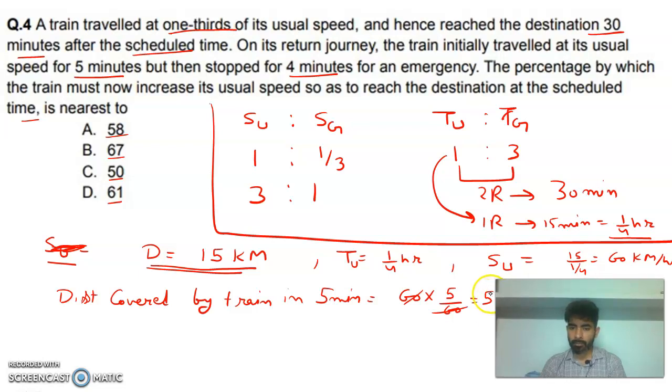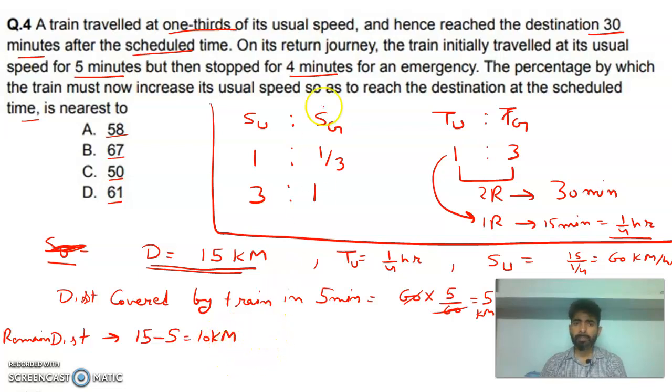It is 5 kilometer. So the remaining distance left for me is 15 minus 5, that is equal to 10 kilometer, right?